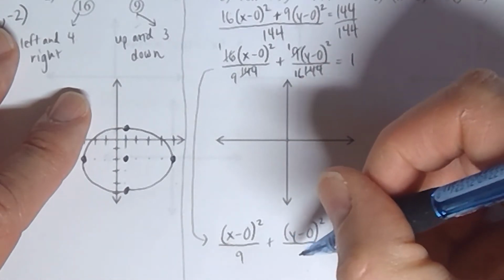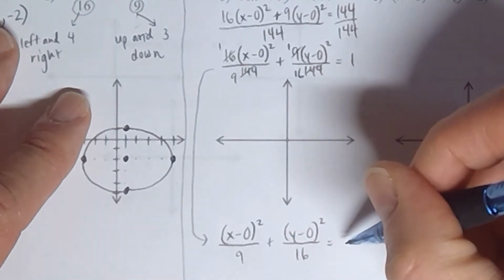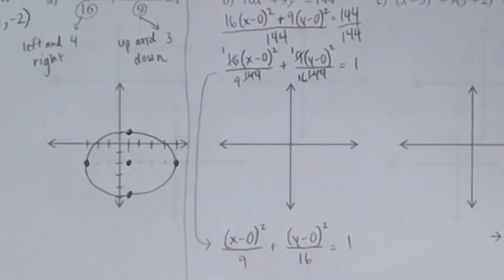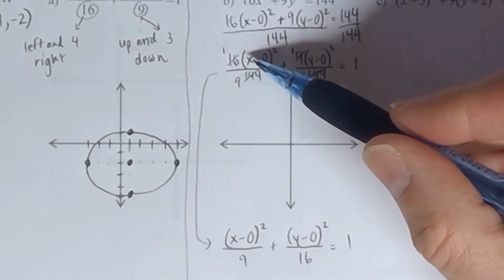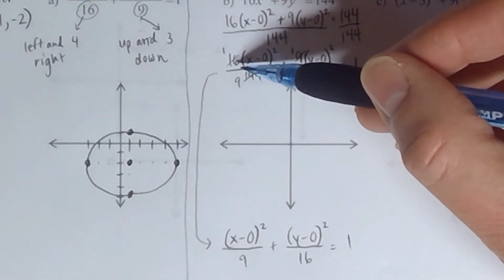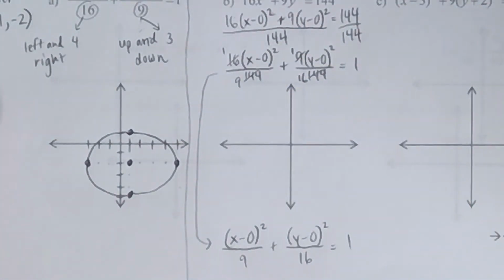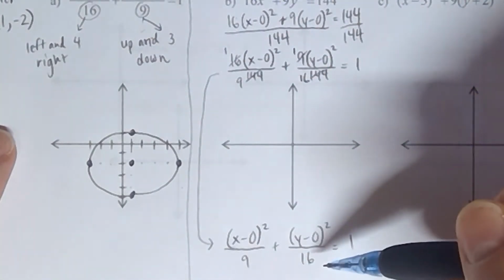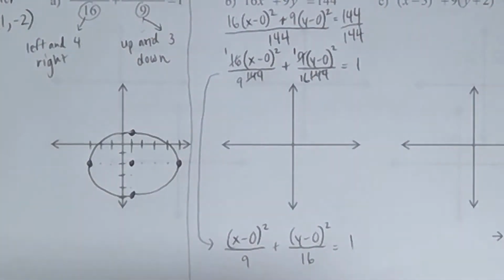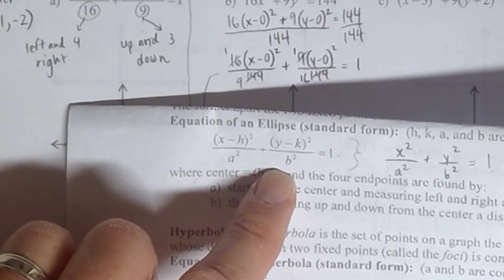So if you got numbers in front of your brackets, you need to make them equal to 1, and that will get the job done. And now it looks just like the formula that it's supposed to be like.